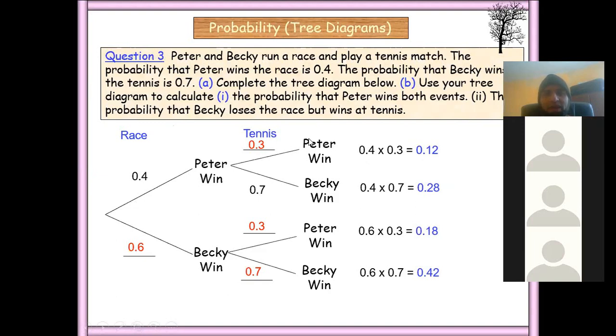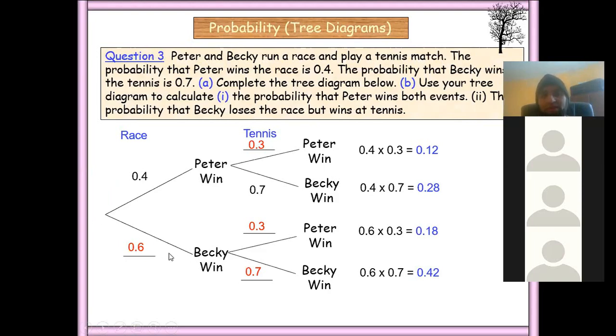The probability that Becky loses the race but wins at tennis. For Becky to lose the race, what's her probability going to be? 0.4. Well, for Peter to win the race, yes, exactly. For Becky to win the race is 0.6.